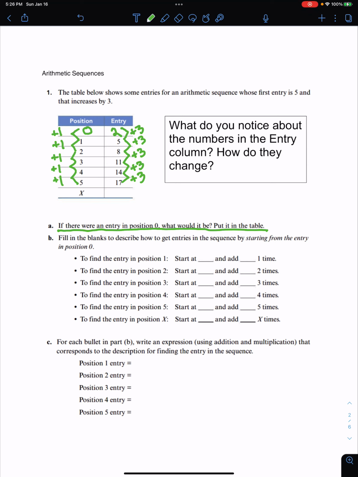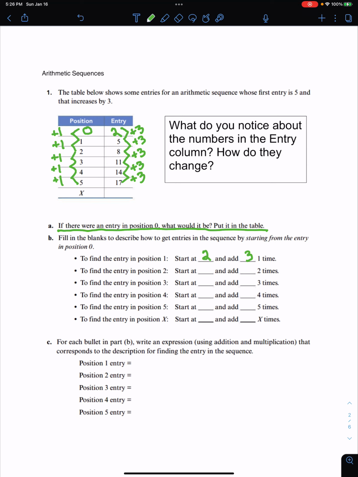So if we start at position 0, to get to the entry at position 1, we start at 2 and we add 3 one time. Now, let's start at position 0.